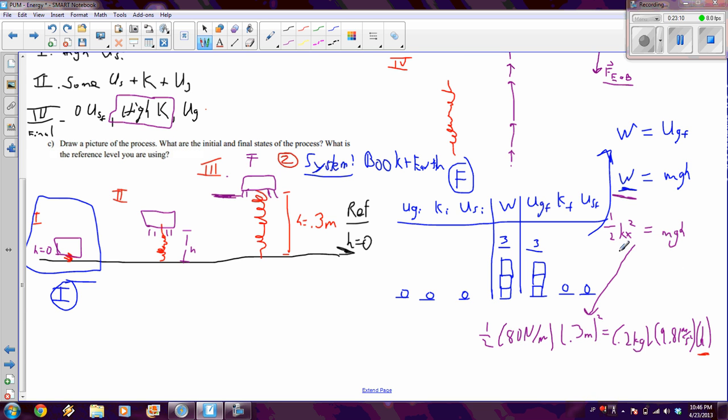Okay. So again, we take our 0.3 meters and we square that. We multiply it by our spring constant of 80 newtons per meter, and then we multiply that by 1/2. So we end up with 3.6 newtons. And because this meters is going to cancel with this meter, that's how we end up with newtons.